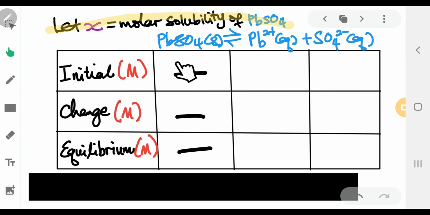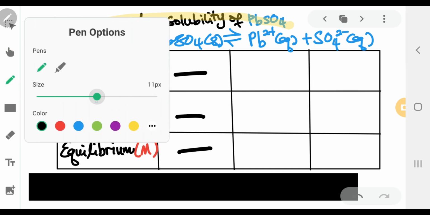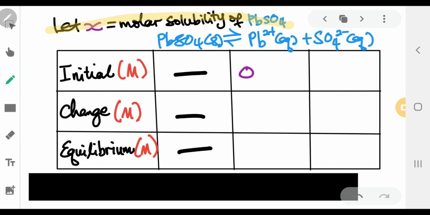Okay, so the initial molarity of your ionic species, your cation and anion right here, obviously will be none in the beginning. But what about the change?